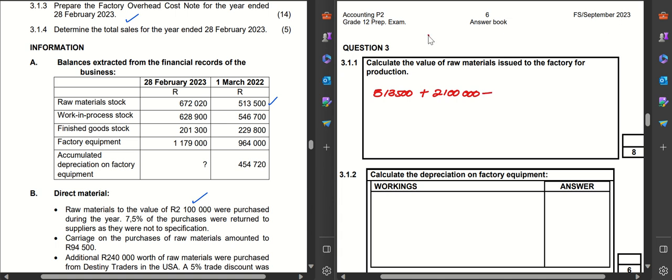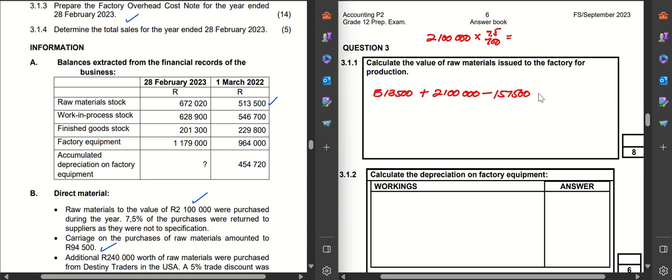So I need to get 7.5% of the 2.1 million. So 2.1 million multiplied by 7.5% gives me 157,500. So I subtract 157,500.